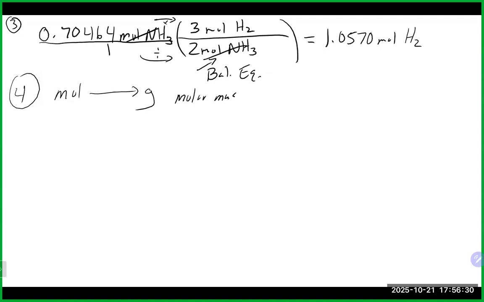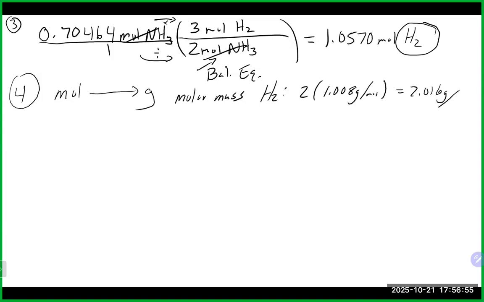It is also really important to remember that we have now successfully gone from NH3 to H2 in this case. So we're no longer with NH3. We do have to go back to the periodic table and calculate the molar mass of H2. In this particular case, that would be 2 times our 1.008 grams per mole, which gives us 2.016 grams per mole as our conversion factor.